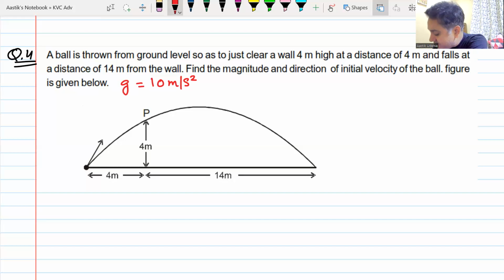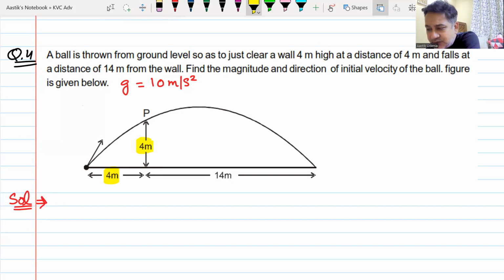Do you want a hint? Now remember, whenever you see the value of x and y given, you are given the x coordinate and the y coordinate.